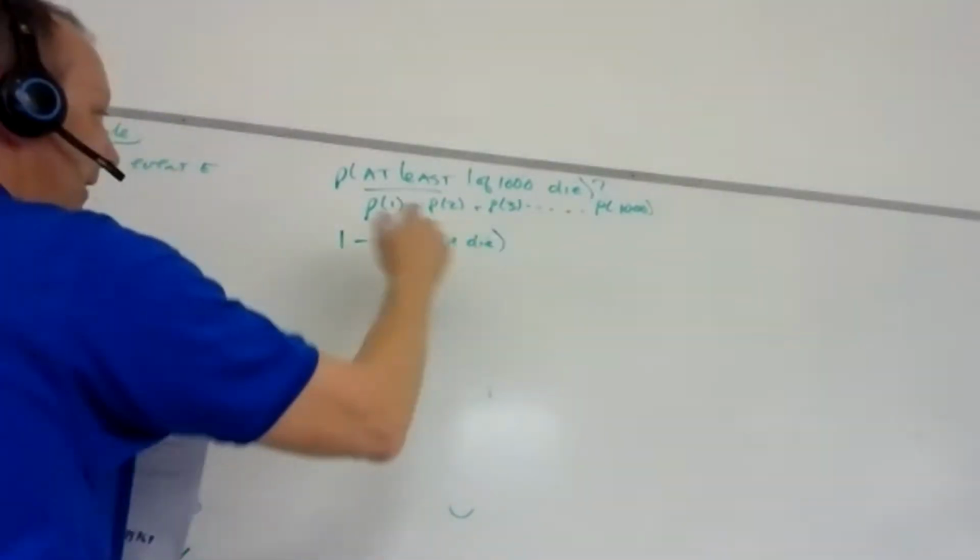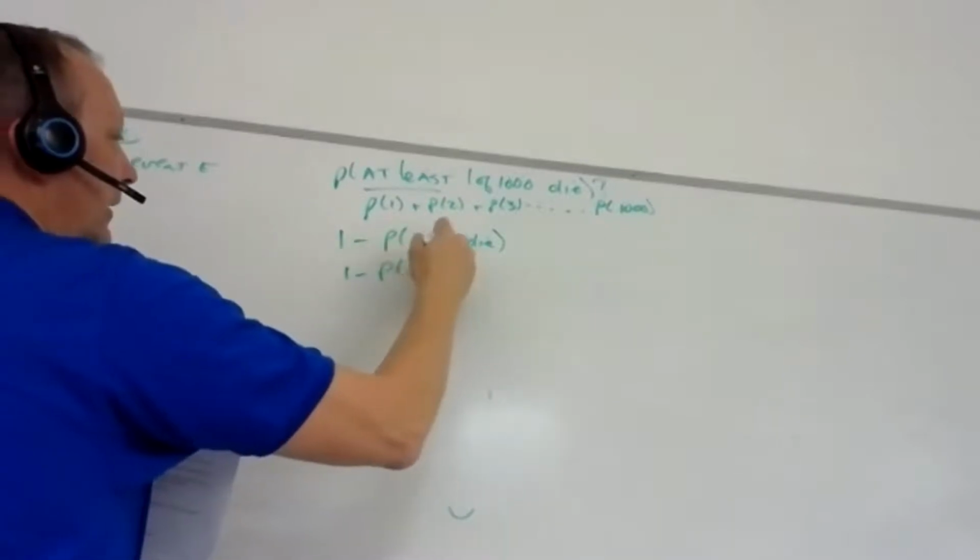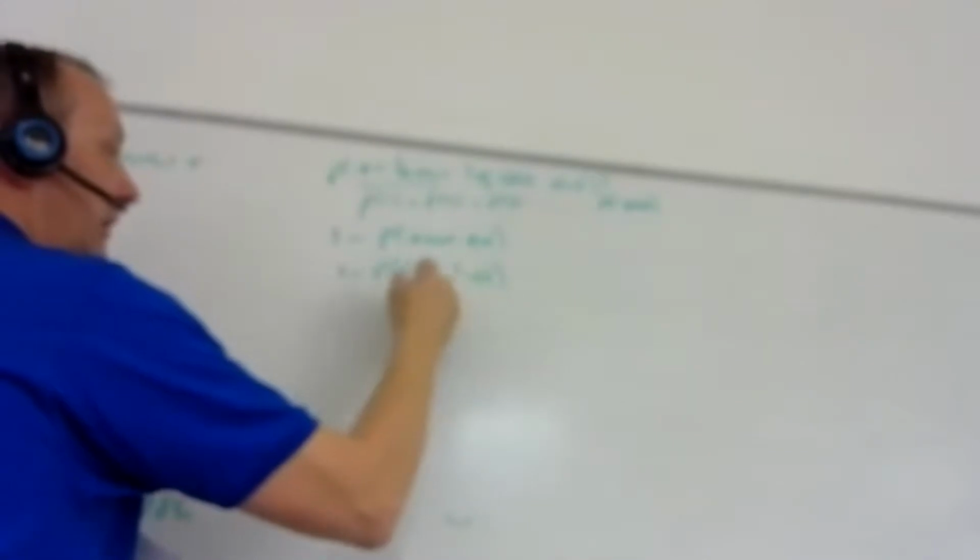And if none die, that's also the probability that they all live, right? And we know the probability that they live. So the probability that they all live is 0.9986 to the 1,000th power, and it's 1 minus that, right? The complement rule is way quicker and easier than doing this 1,000 times.